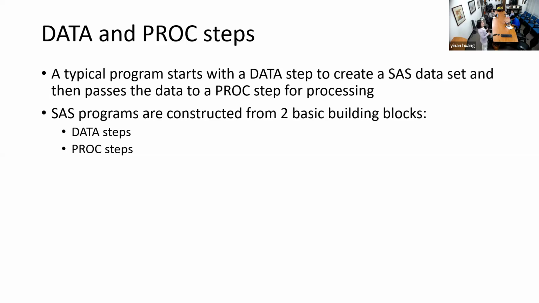And after that, you can have proc steps for processing the data, usually for analytical purposes, or like we have seen, to print out the data sets or the contents, the directory of your data sets. So SAS programs are constructed of two basic building blocks, data steps and proc steps.